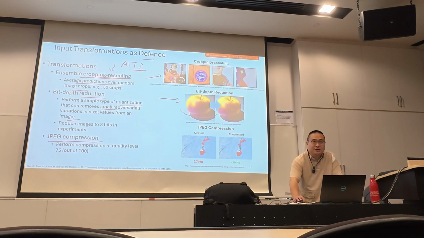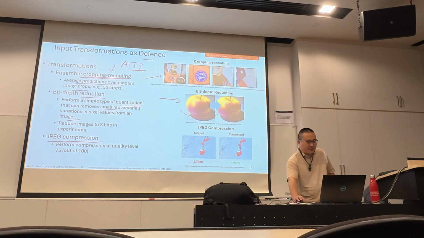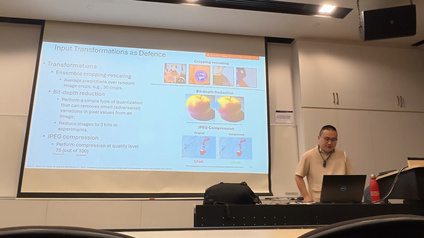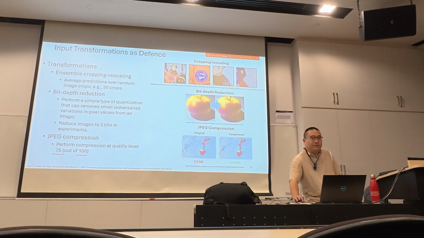We can use JPEG to compress the image before we input it to the model. For example, we can control the quality of the compressed image. The maximum quality is 100, and you can set the quality to 75. When we give the compressed image to the model, some details can be removed from the JPEG image.